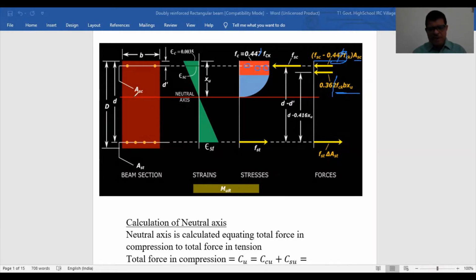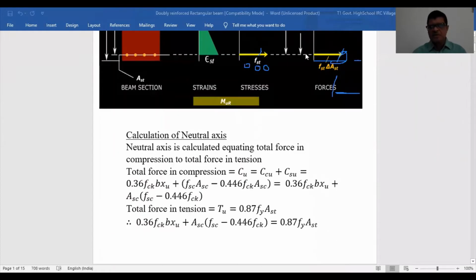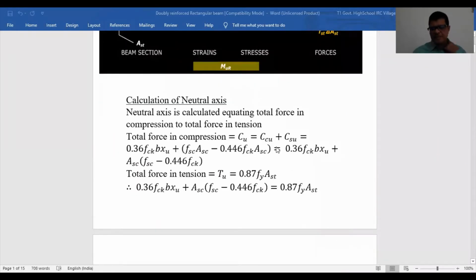Now, to find the neutral axis, the basic concept is that the total force in compression is equal to the total force in tension. So let us see the background behind the calculations. 0.36 fck b xu is the force of the concrete above the neutral axis, and the compressive force in the steel is fsc, the stress in steel in compression, into the area of steel in compression, minus the area of concrete being removed, that is 0.446 fck, the stress, into Asc, again the same area.